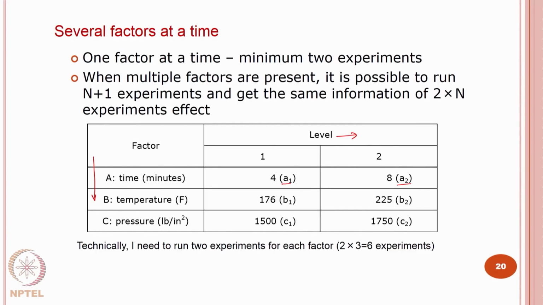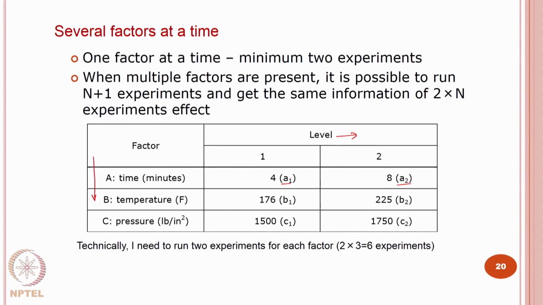Now, how many experiments do I need to run? 2 experiments for each factor. How many factors do I have? 3 factors. So, I will have to do 6 experiments. Do you agree? You have time, 2 temperatures and then 2 pressures.